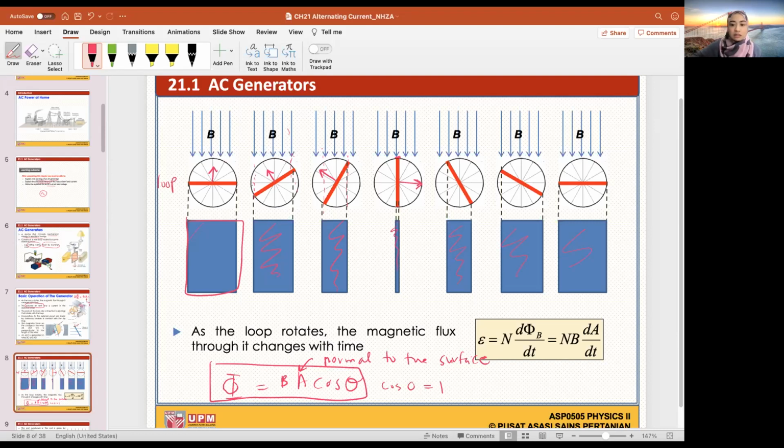So your magnetic flux changes, okay? So as the loop rotates, the magnetic flux through it changes with time. What is magnetic flux? Magnetic flux is the magnetic field lines that go through the area. So only this many go through the area, only this many, and so on. So it changes.